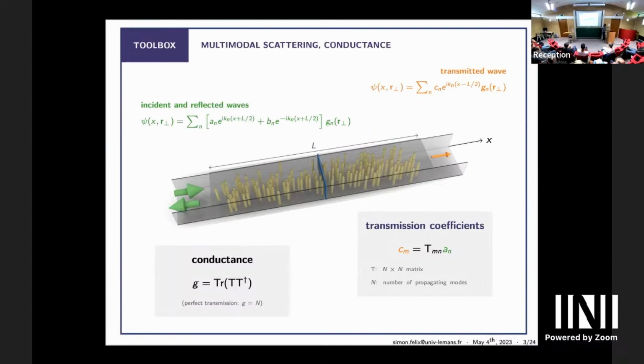A way to understand it is that you send unit energy on all the N propagating modes and calculate the corresponding energy flux. In the calculation we do to obtain T, we do the exact solution of the wave, so we take into account all the fields.